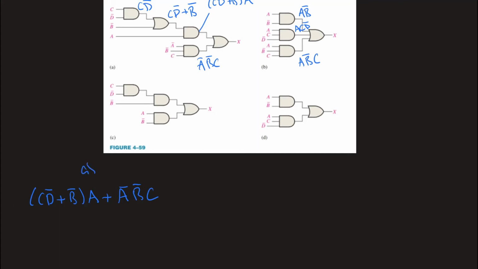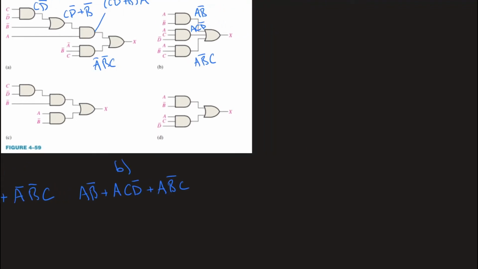So that's A. For B, that's all going to an OR gate, so we have A B naught, or A C D naught, or A B naught C. So that's B. Here we have C D naught, we have C D naught B, and again we should write that in alphabetical order when we're finished. Here we have A B naught, and so our output for C, that's all going to an OR gate, is B C D naught or A B naught.